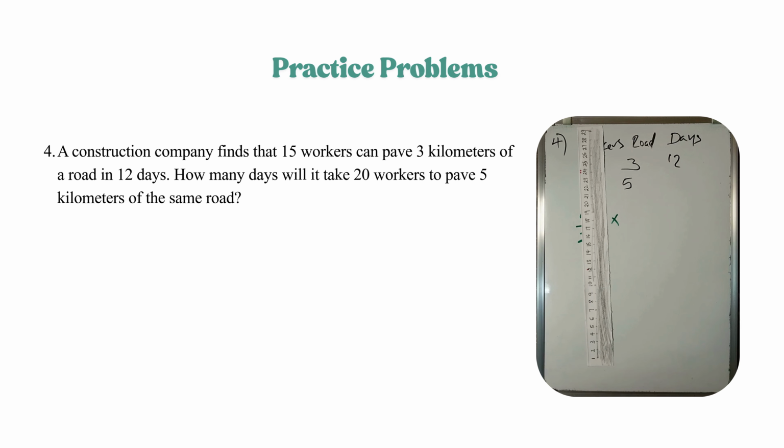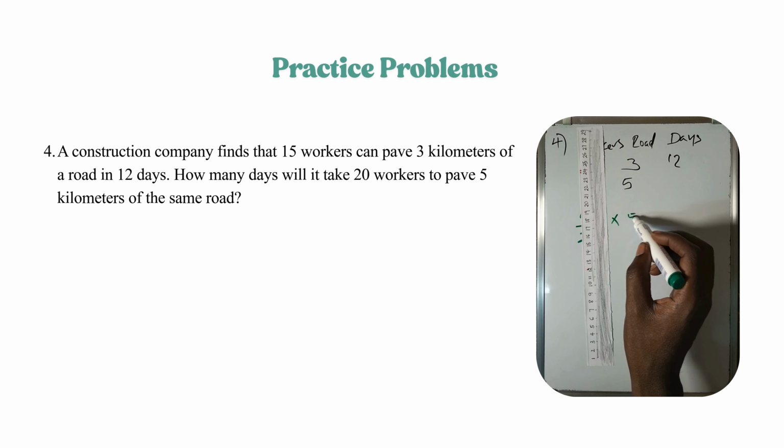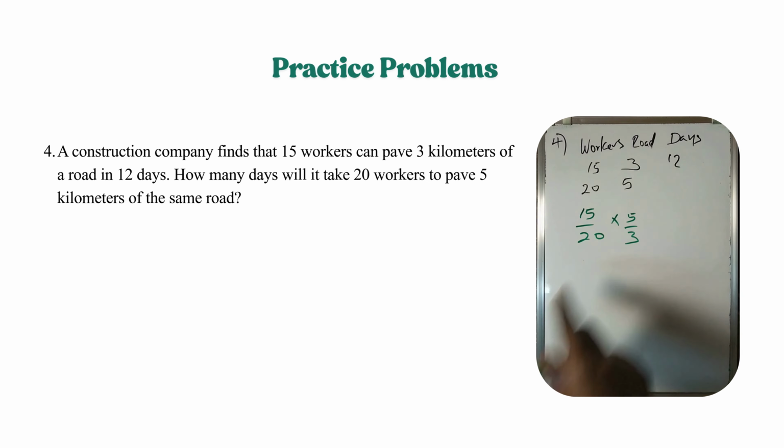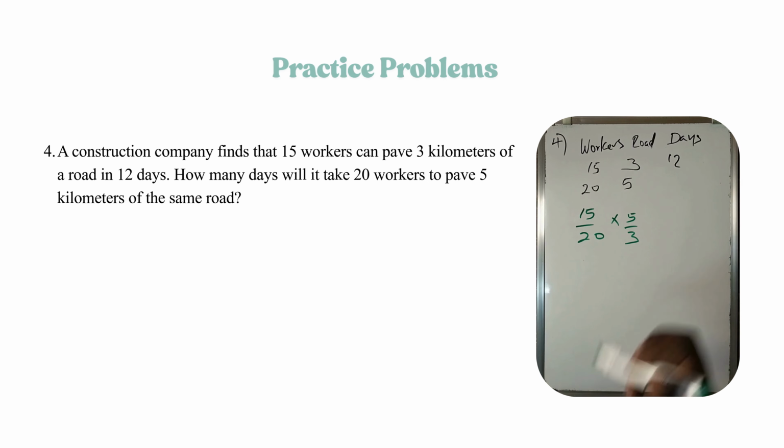Our common sense shows us that when we have 5 kilometers, we'll need more days. So we are going to use an increasing ratio, which is an improper fraction. So we write 5 over 3, so that we have more days. And now we have 15 over 20 times 5 over 3, and then we can multiply it by 12.